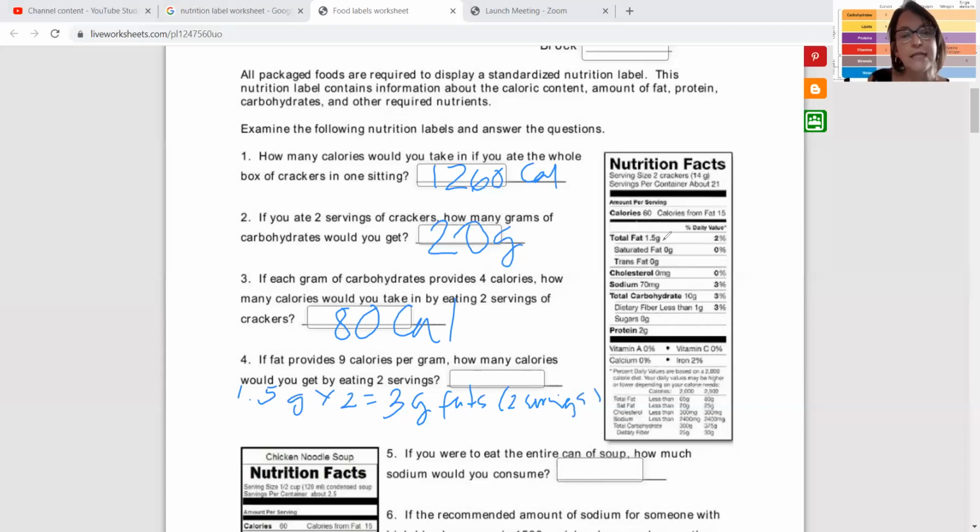And sorry for the writing. And then now they ask me calories, so I need to convert grams into calories. I would say 3 grams times 9 calories per gram. Grams will cancel out, and then it means I will have 27 calories just with 2 servings.